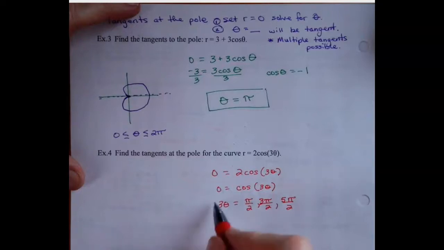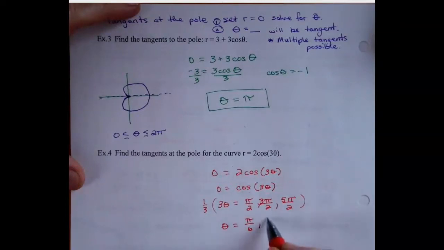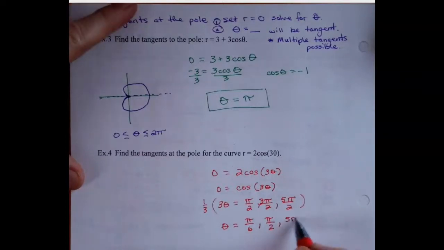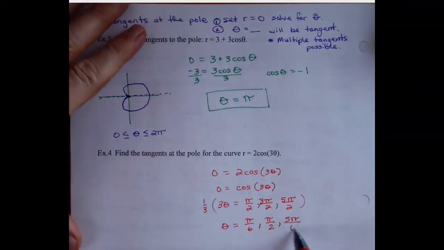If we multiply both sides by 1/3, we're going to get pi over 6 and pi over 2 and 5 pi over 6.